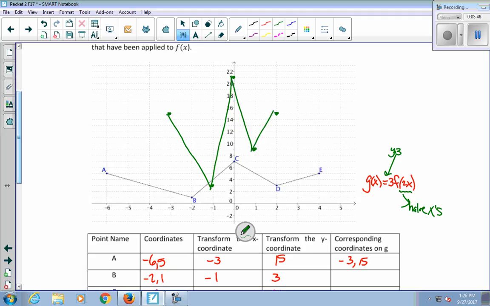There we go. So that is a W that has been vertically stretched by a factor of 3 and horizontally shrunk by a factor of 1/2.